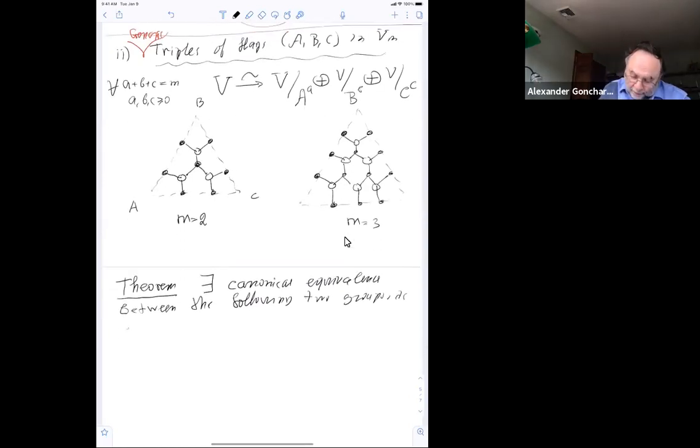So the first one is the one you want to understand. So this is generic triples of flags in an m-dimensional R vector space.